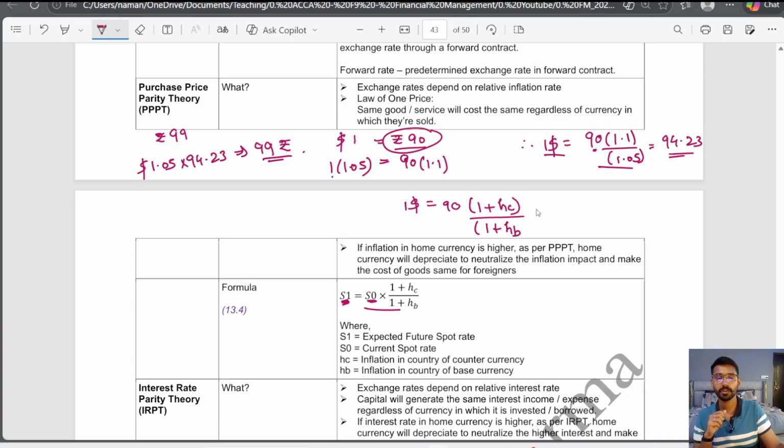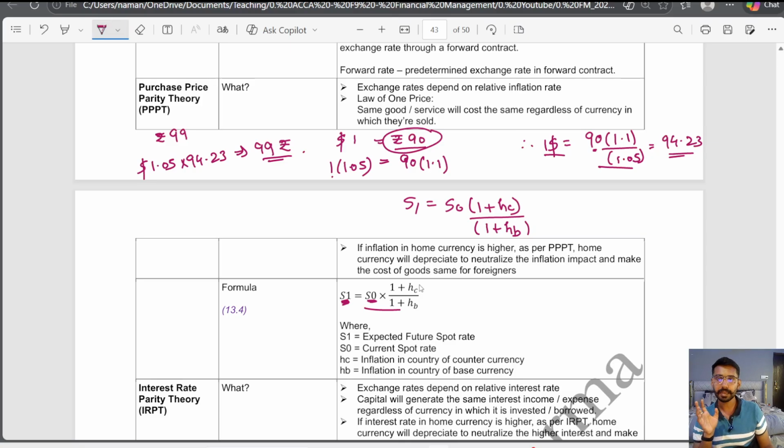So this is your current spot rate, and you want to find the spot rate of year 1. If it was for 6 months, then for the 6 monthly spot rate you will only take 6 monthly inflation. This is your purchase price parity formula.